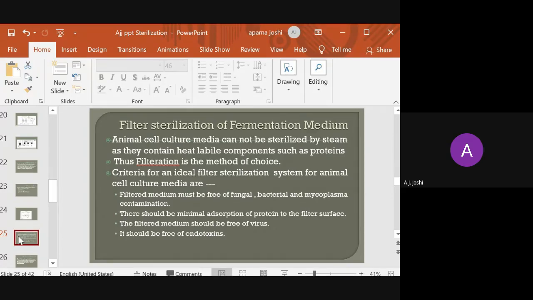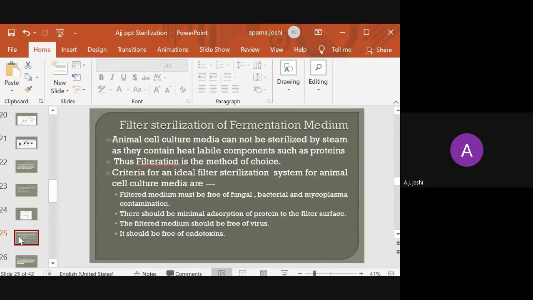So animal cell culture media cannot be sterilized by steam as they contain heat labile components such as proteins. Thus, filtration is the method of choice. Rather than heat, we have to utilize filtration for sterilization of the media.